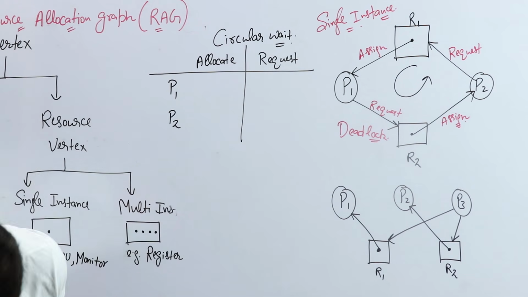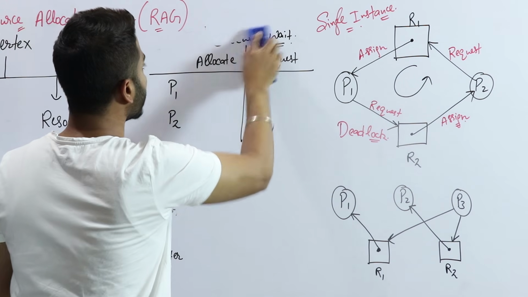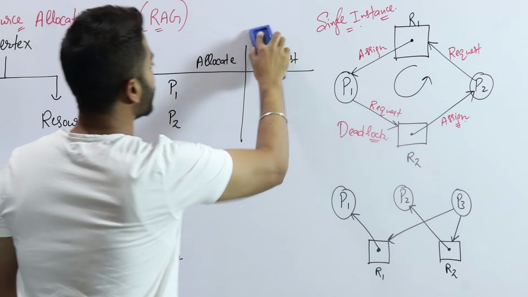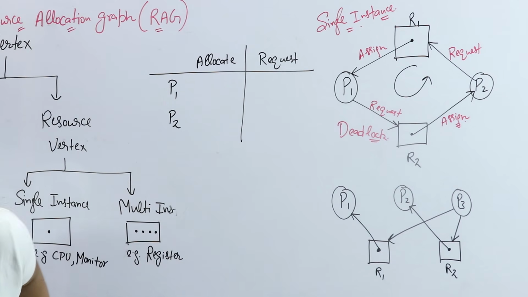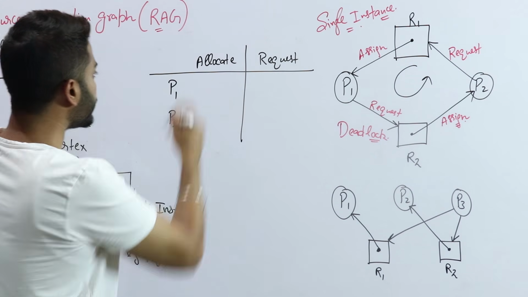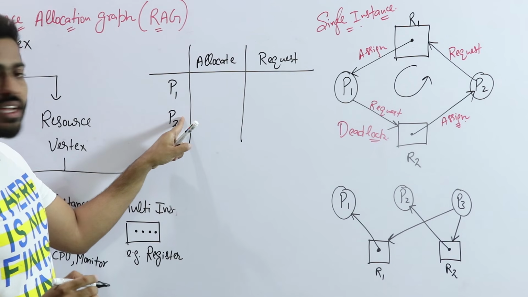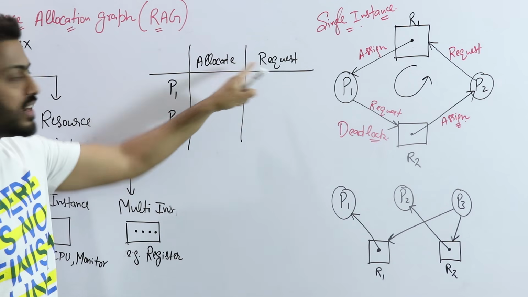Allocate and request. Circular wait is there. Let's remove this so you can clearly get the diagram. So 2 processes are there, P1 and P2, and you just write allocate and request.